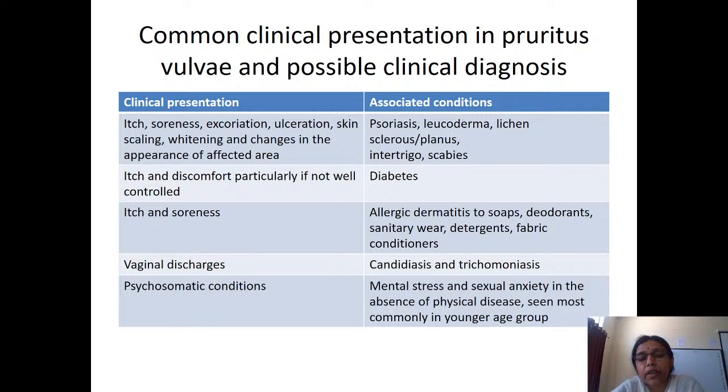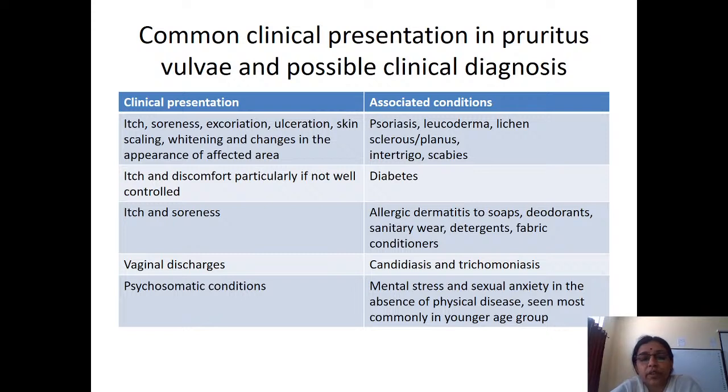Usually in candidiasis we find that there is intense pruritus and vaginal discharge, and when we examine the woman, we usually find a whitish or creamy white discharge. Whereas in trichomoniasis, again the woman comes to us with intense itching and vaginal discharge, and the discharge tends to be greenish yellow or sometimes even greenish.